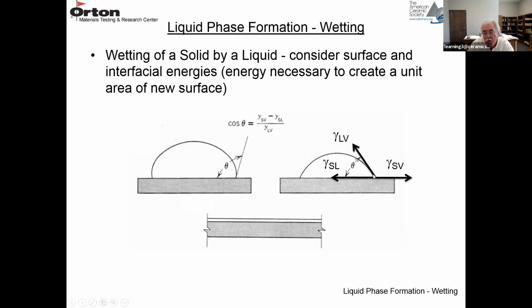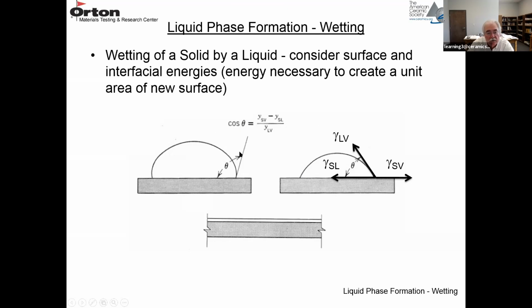So those interfacial or surface tensions can be represented by vectors. And if you sum the vectors in the direction of the interface between the slag and the refractory, you end up with an equation that looks like this.